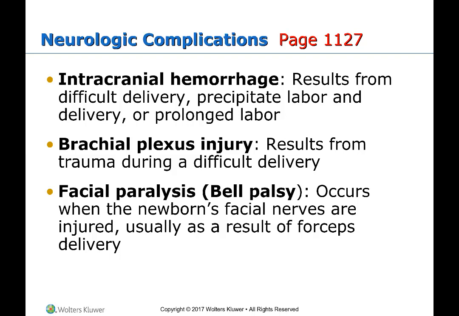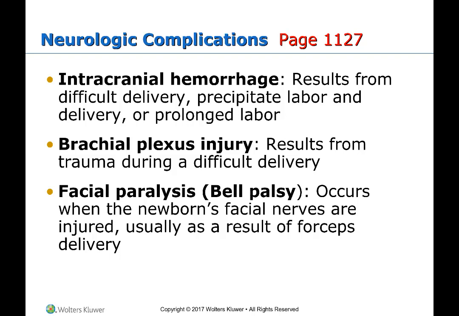This would be movement disorders of all different types that are permanent. Hydrocephaly and mental retardation. So this could be very severe, having intracranial hemorrhage.